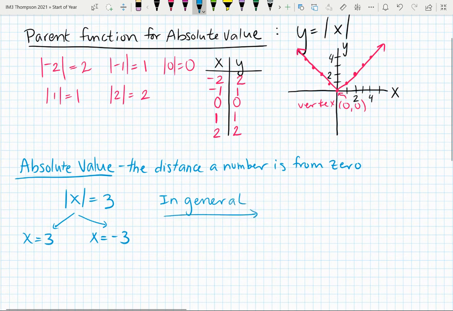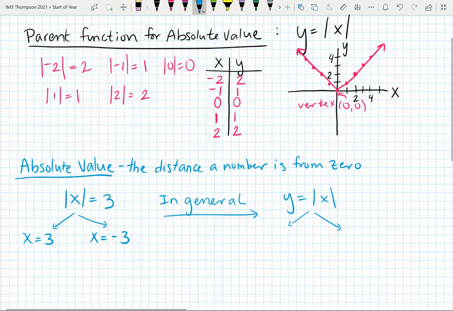So if we take that concept, which doesn't seem too tough, and we generalize it, instead of 3 is equal to the absolute value of x, I have y is equal to the absolute value of x.